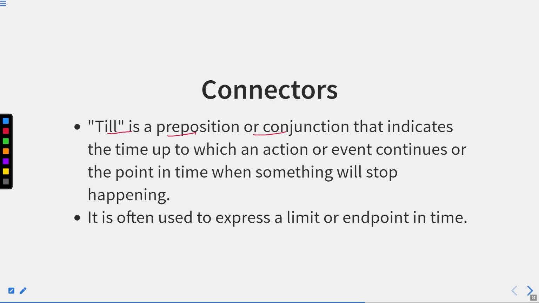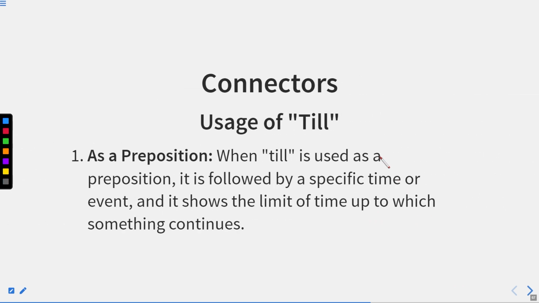Till is a preposition or conjunction that indicates the time up to which an action or event continues, the point in time when something will stop happening. It is often used to express a limit or end point in time. So the usage of till is similar to that of until, or the same you can say. Usage of till as a preposition.